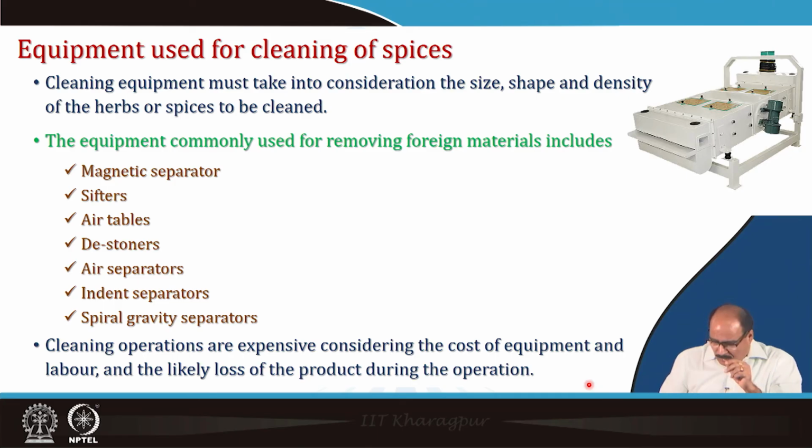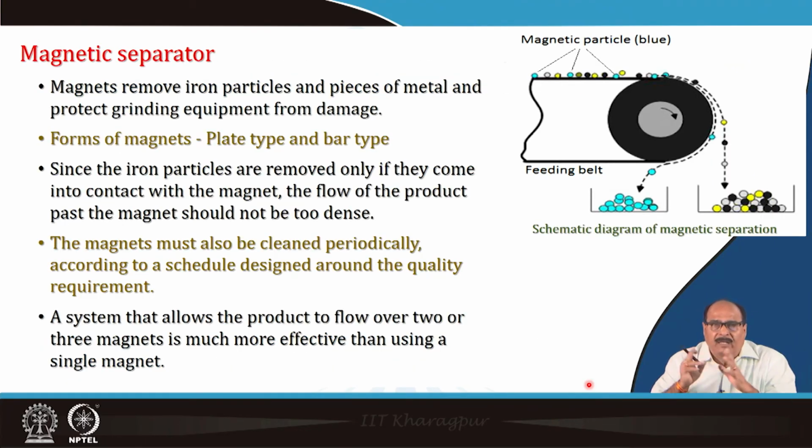So, as far as possible the operators should operate this equipment with utmost effectiveness and carefulness, to ensure minimum or no loss of the produce and that the quality attributes of the commodities are maintained. Now, let us see the principles of operation and working of some important or major types of cleaning equipment, like the magnetic separator.